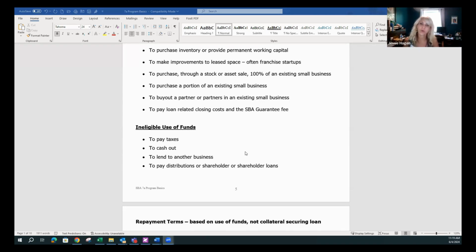I have to ask them, what's the money going to be used for? If they say it's to put into another business, that's not eligible. But sometimes it's to put into their own business for working capital purposes. I can make that loan, but we don't call it a cash out. I call it a working capital loan secured by maybe real estate.